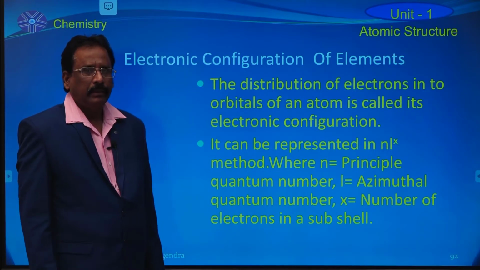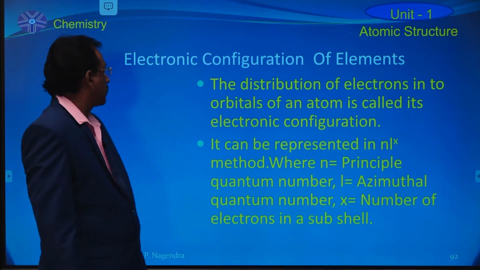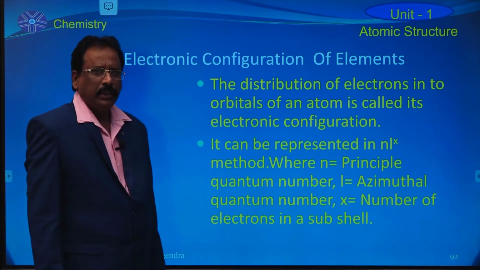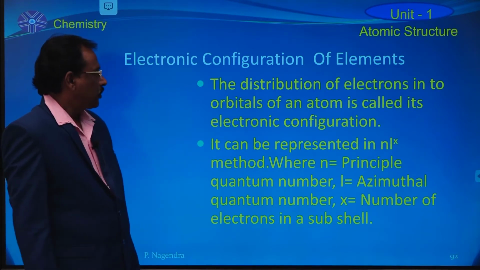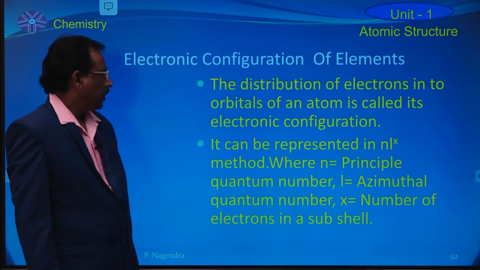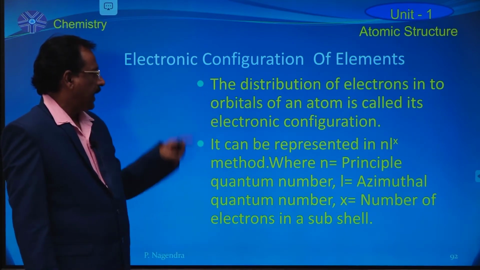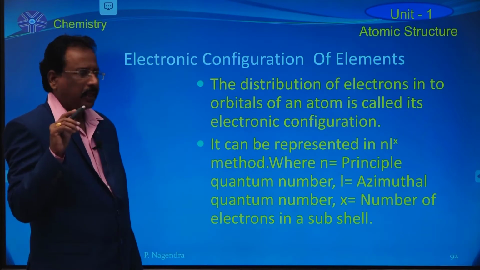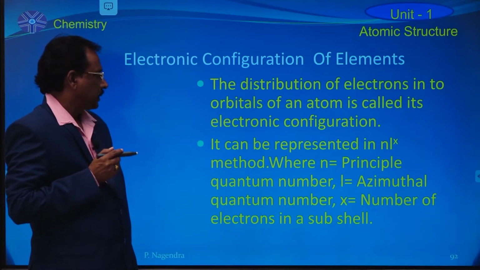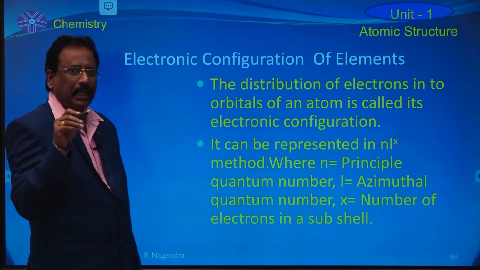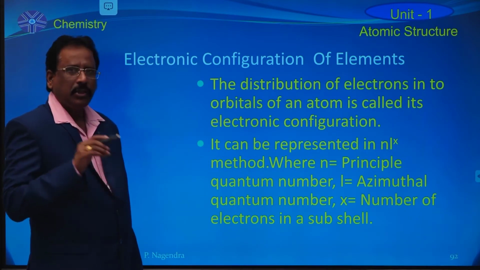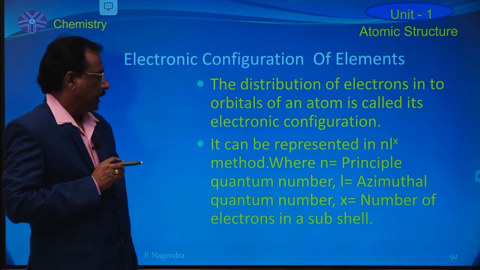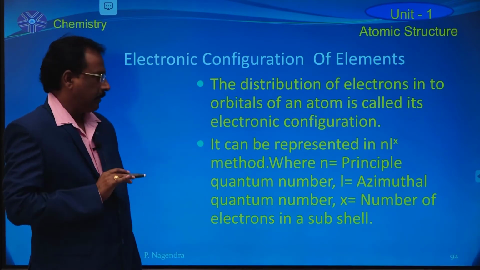Now the next topic in atomic structure is electronic configuration of the elements. The distribution of electrons into orbitals of an atom is called its electronic configuration, that can be represented in the form of nlx method, where n is the principal quantum number, l is the azimuthal quantum number.